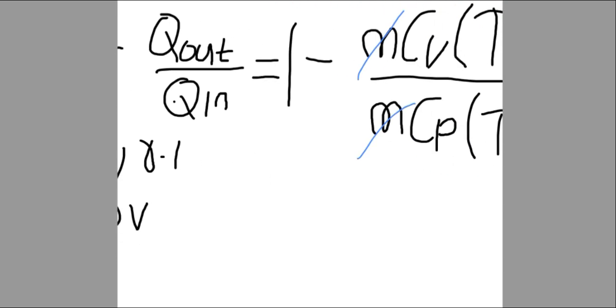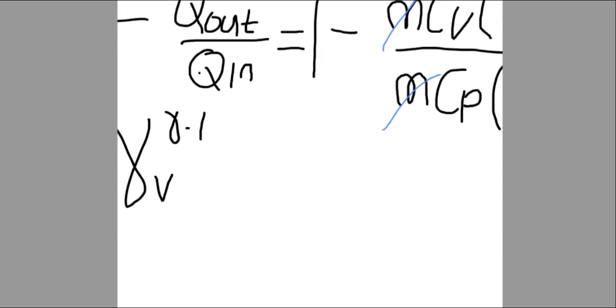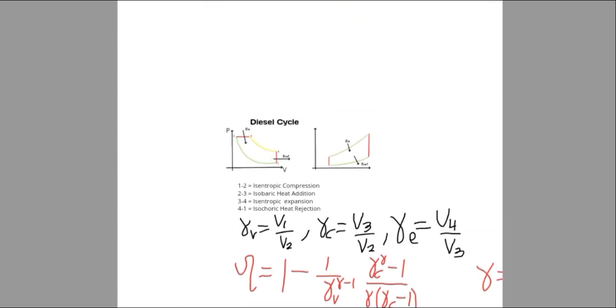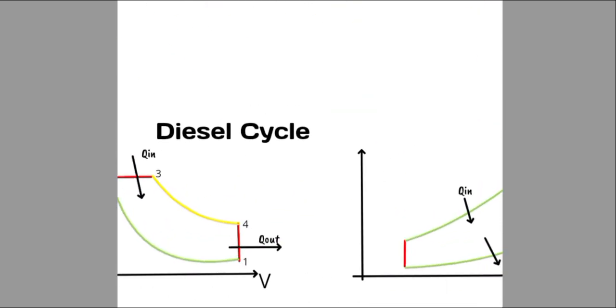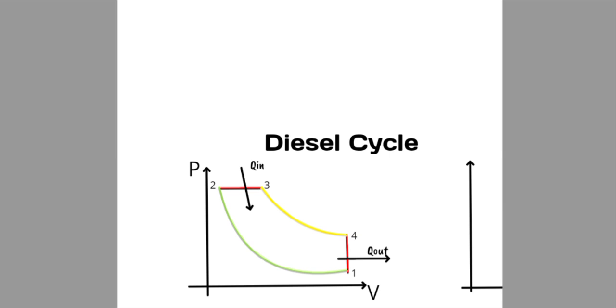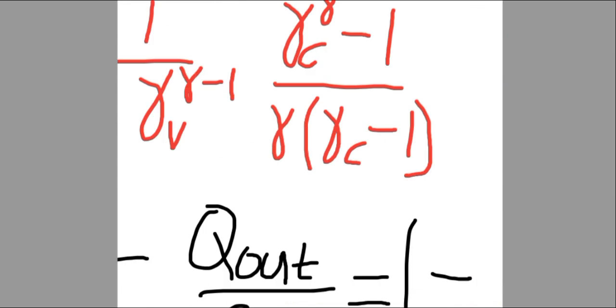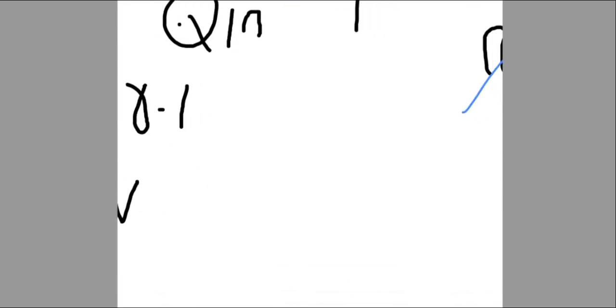So now we come here and we also say that since there is a constant pressure process between parts 2 and 3, the value for the volume will not be constant. So we can use the formula V2 over T2 is equal to V3 over T3.